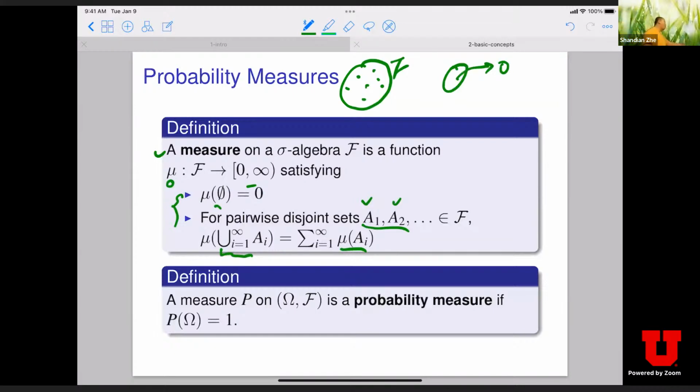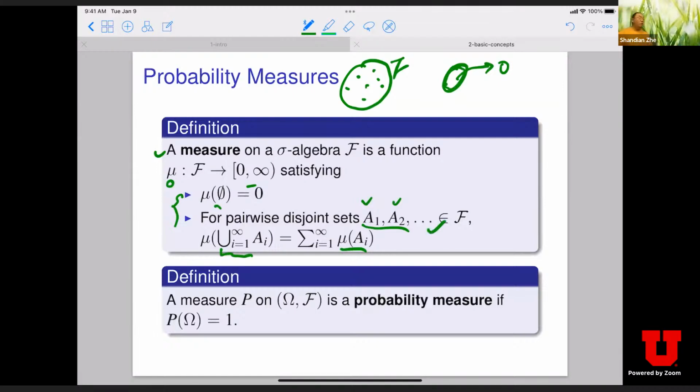The area of this is like 1 square meter, or 1 square foot. In the mathematical space, I'm going to assign a positive number as the measure of this set. Of course, this measurement can correspond to area, volume, or any other thing you feel is measurable.